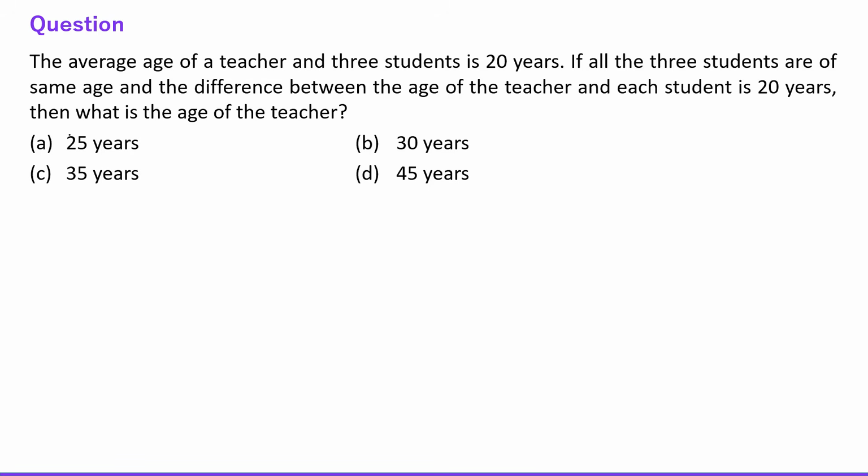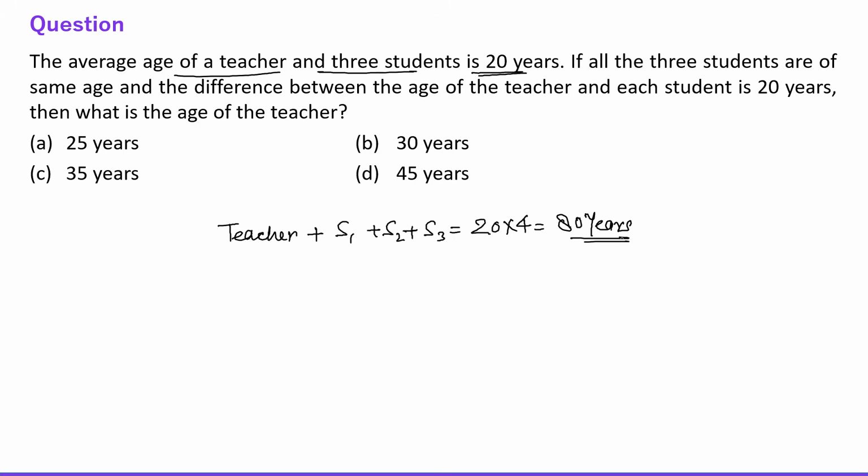Next question is, the average age of a teacher and 3 students is 20 years. So teacher and 3 students, let's say student 1, student 2 and student 3. So their sum will be what? If the average is 20, then their sum of ages will be 20 into 4, 80 years.